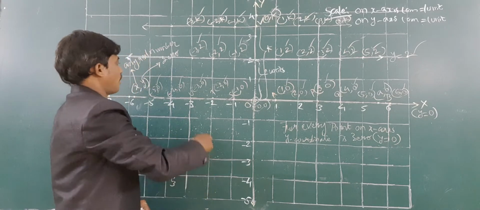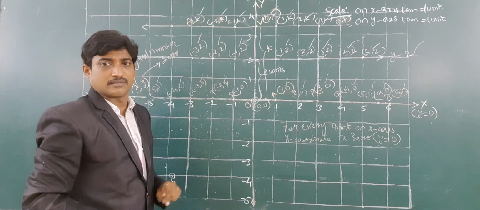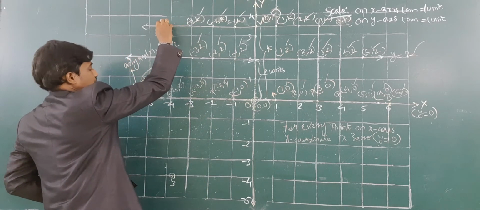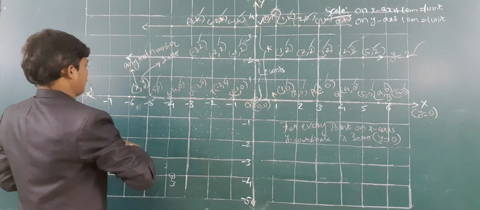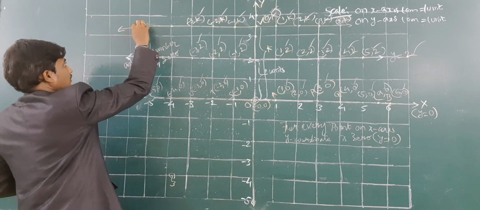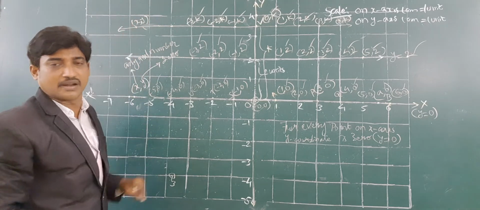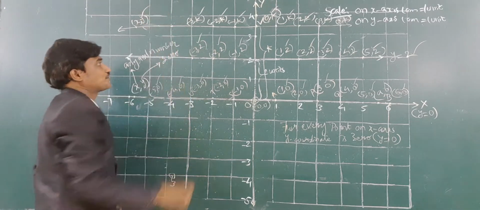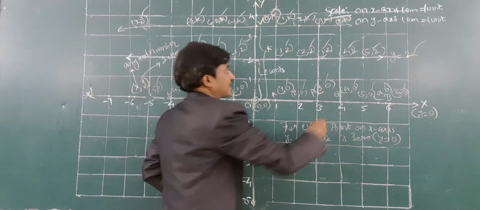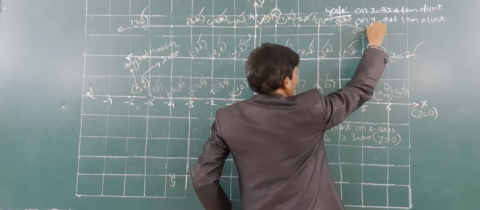So if there is a point of the form (x, y) on this line, as x is any real number, here y is constant, that is k units. So we can express the rule of this line as y = k.